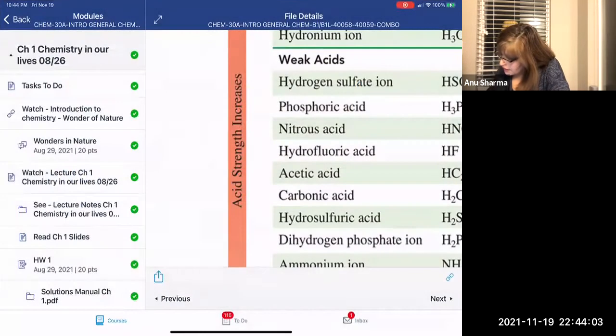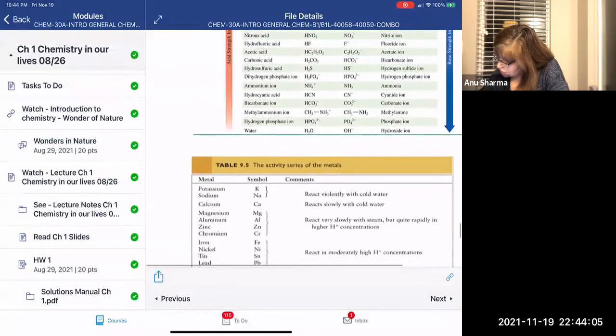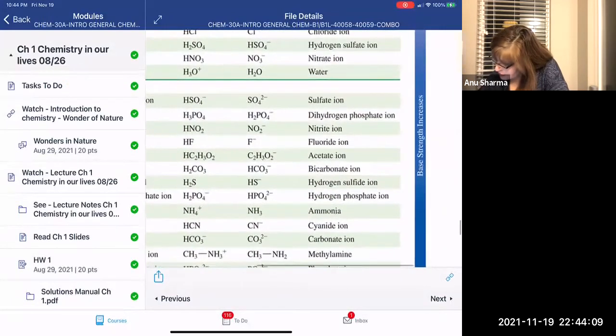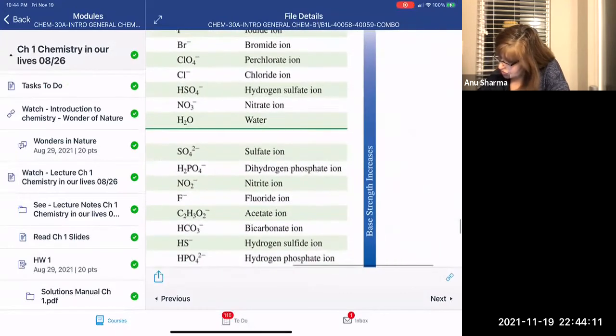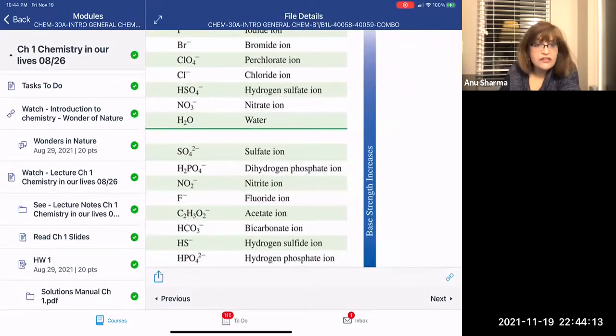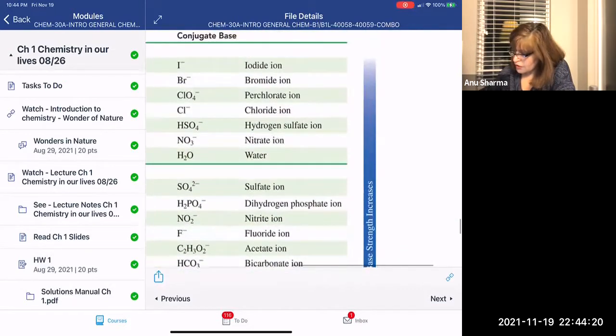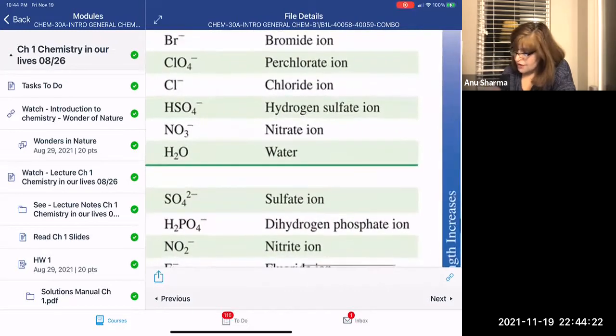Water is on the basic side. You see in comparison, moving top down, the top ones are weaker. As you move down, they're getting stronger bases. So here the nitrate ion is a weaker base than the water.